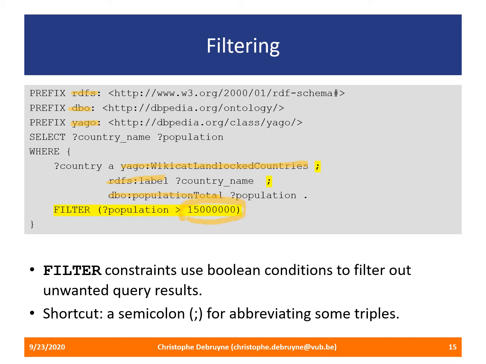So if we were to have a country that is a WikiCat landlocked country, and it has a name and it has a population, but that population is smaller than or equal to 15 million, it will not appear in the result set. And again, I demonstrated here the semicolon because this is a shorthand. I'm asking for triple patterns about the same subject.